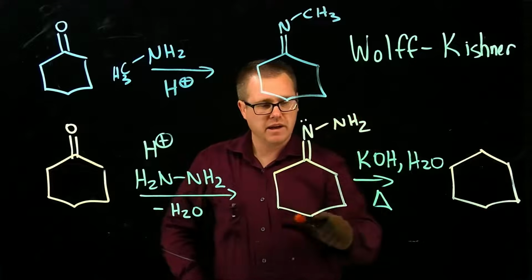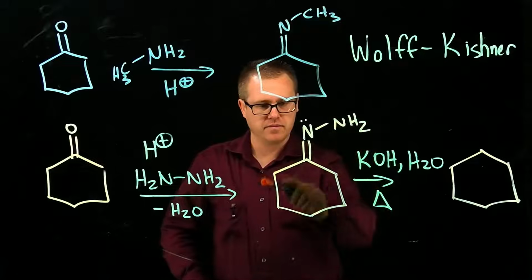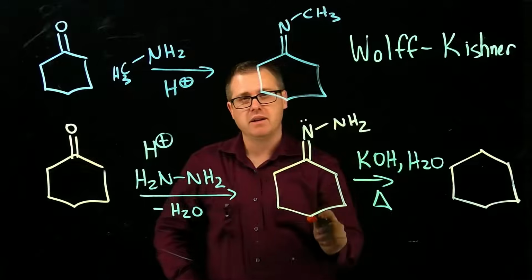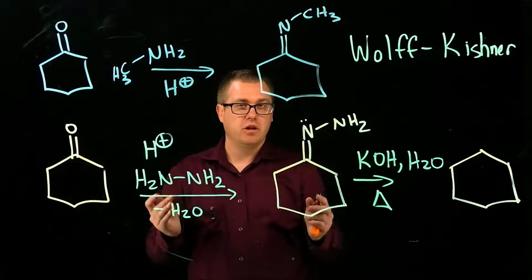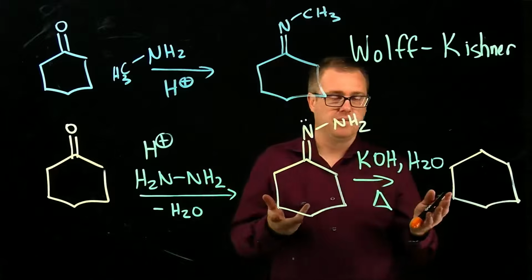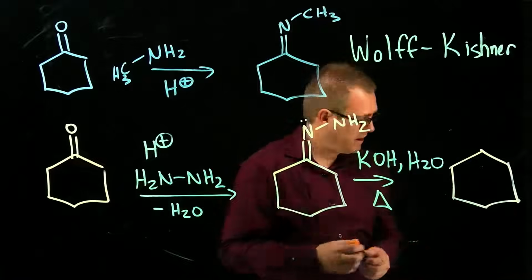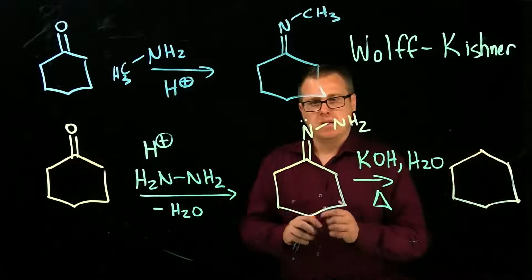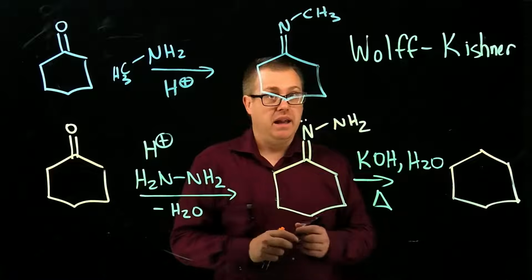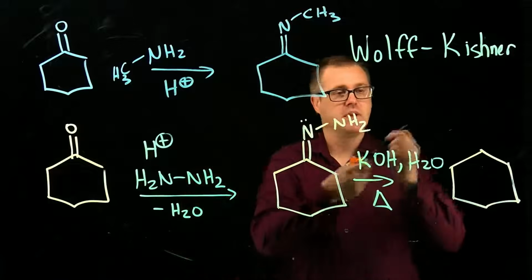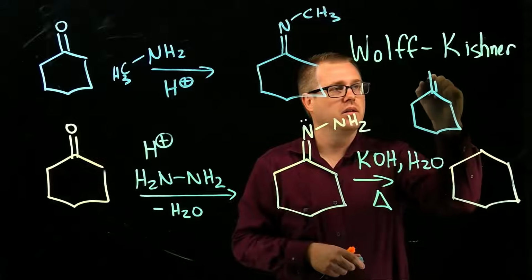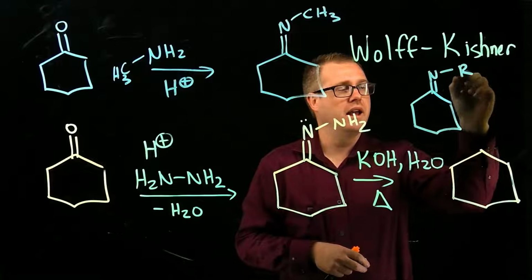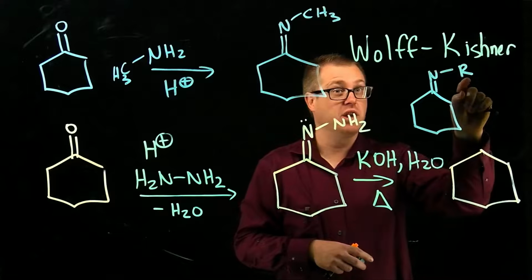When I was looking at this intermediate, I called it imine. It looks imine-like. It actually has a different name. If it was an imine, it would have an alkyl group, so something with a carbon.